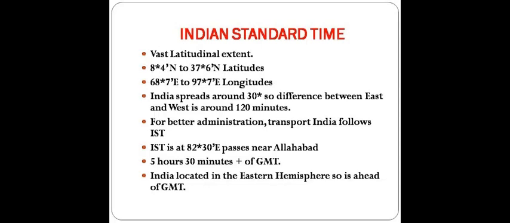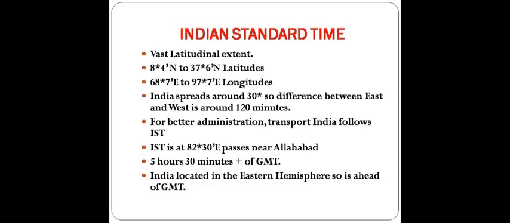But for better transportation, better administration, we have to follow the same time. Otherwise, some states or some places in India will be ahead and some places will be behind. We cannot have better communication, transportation, administration, or offices working in time. So for all this, India has decided to follow IST, Indian Standard Time.